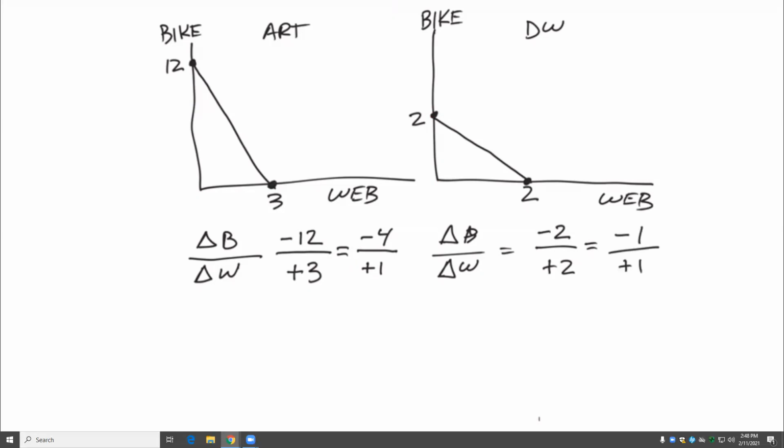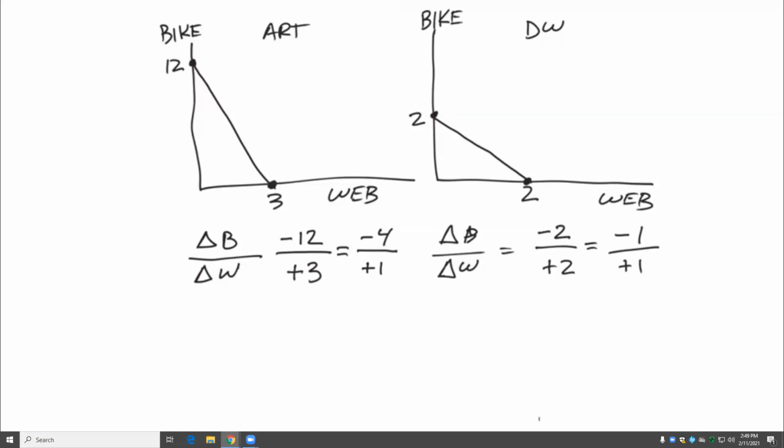Who has the comparative advantage in web page production? Well, it looks like it's DW. 1 web page costs her only 1 bike repair. For Arthur, 1 web page costs him 4 bike repairs. So DW has the lowest opportunity cost in the production of web pages.